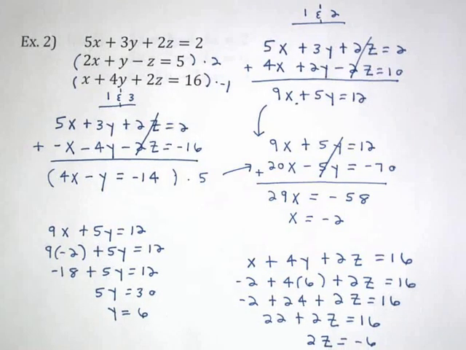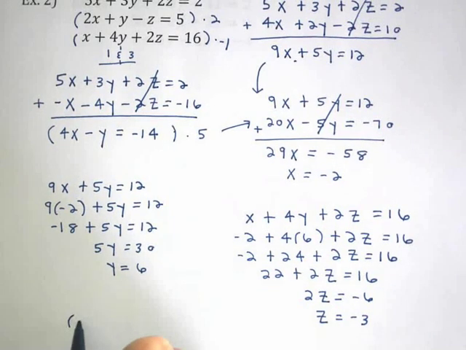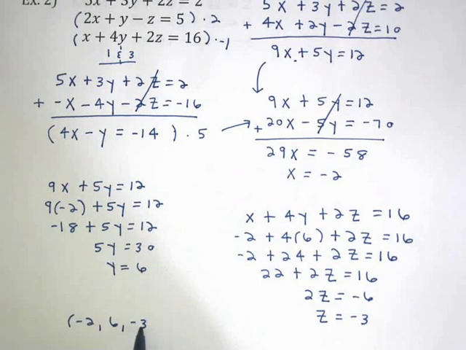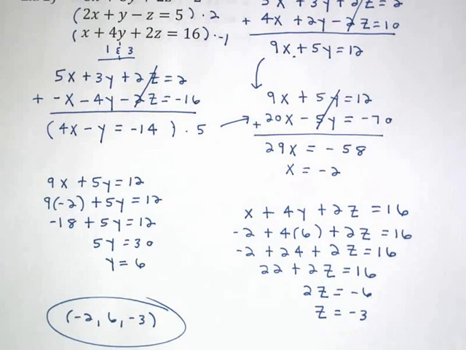So that means z is -3. Okay, so then putting it all together, write this up as an ordered triple. X comes first, which is -2, then y, which is 6, and we end with z, which is -3.